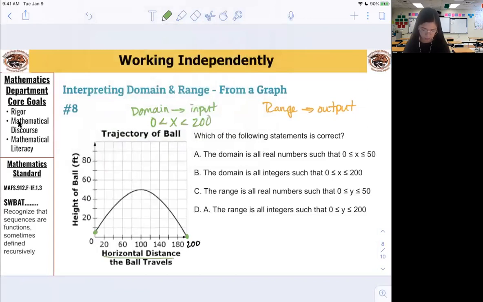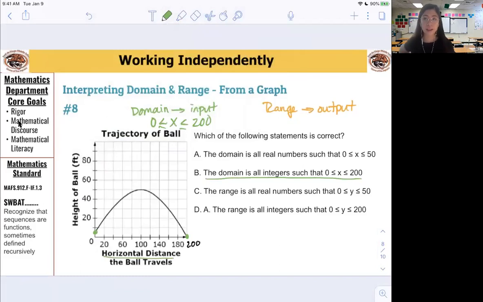And let's see if any of the answer choices match up with that statement, and it looks like I have a possibility. Here in B it says the domain is all integers such that 0 is less than x is less than 200. So now I have to think, is this going to be integers or is this going to be all real numbers?